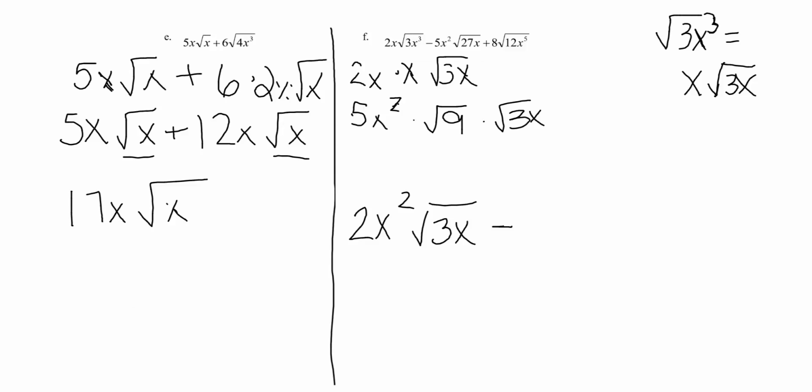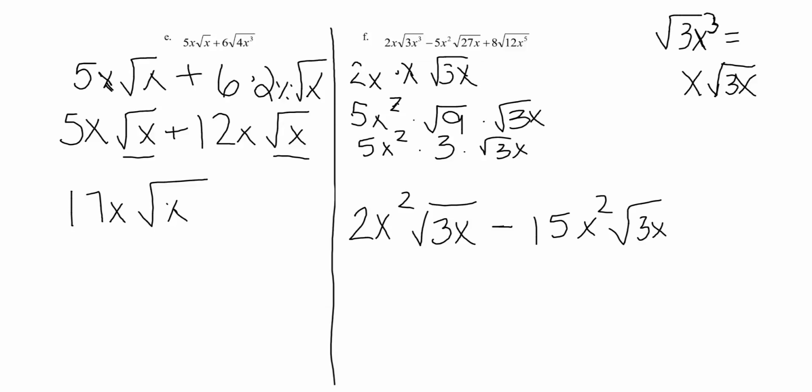When we simplify that, the square root of 9 is 3, so it'll really be 5x squared times 3 times the square root of 3x. And it's going to give me 15x squared square root of 3x.